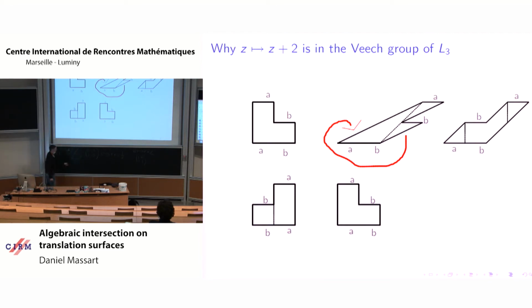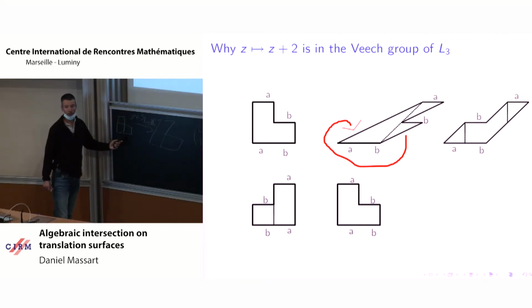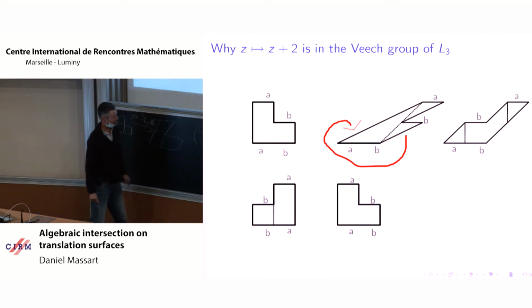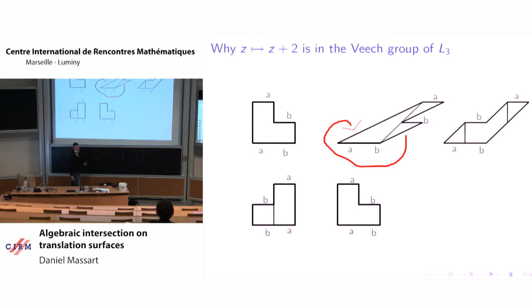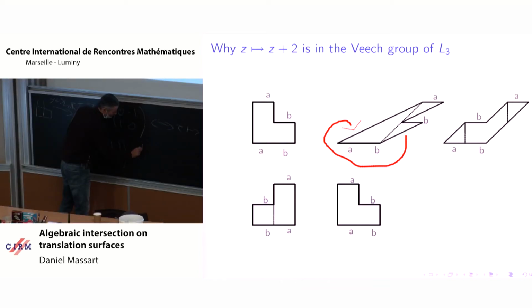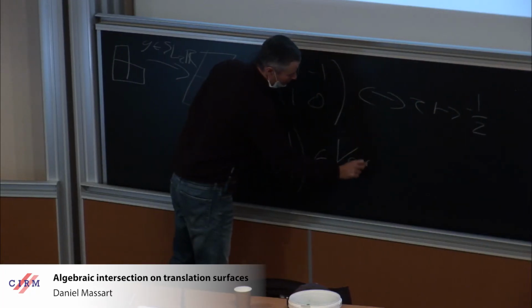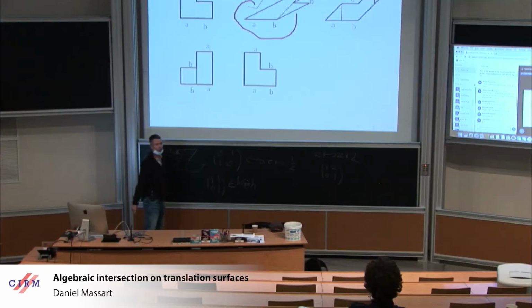And now, these 2 matrices generate a subgroup of SL2Z which has index 3. So either my Veech group is the whole of SL2Z, or it is this group, and it is easy actually to see that the Veech group is not the whole of SL2Z, because this matrix is not in the Veech group.